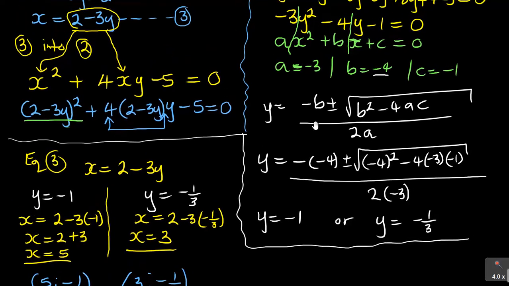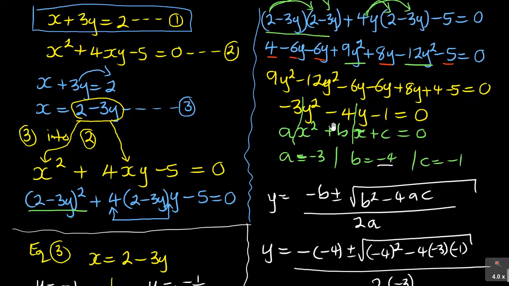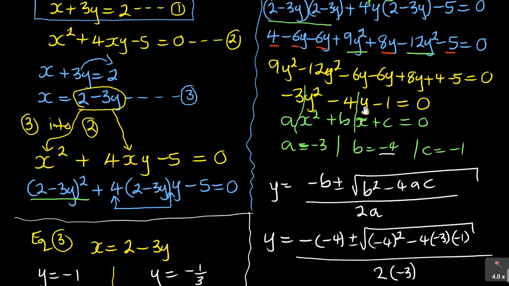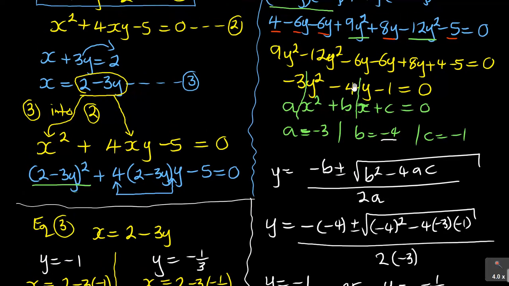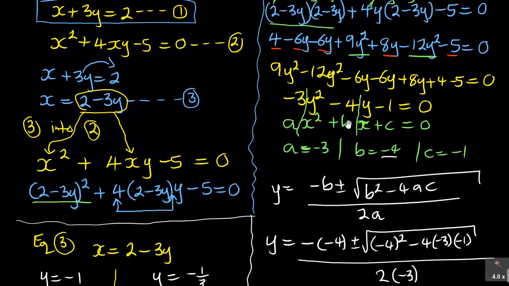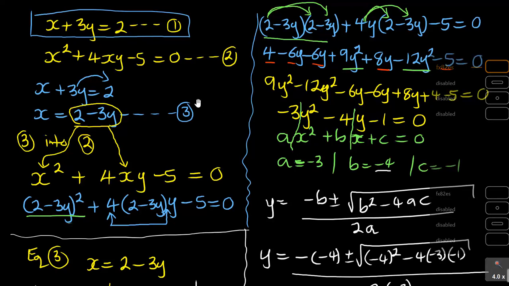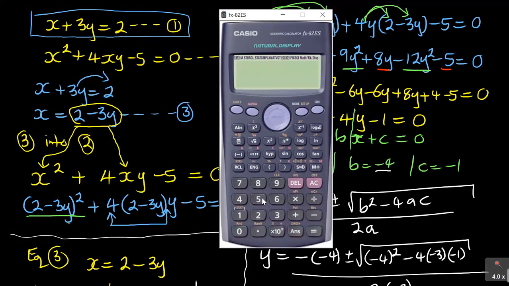Now, go to the original equations that you started with. Input the values and make sure that they balance. For example, you are saying when x is 5, y is negative 1. So you take a calculator, and in the first one, 5 plus 3 bracket negative 1 must give us 2.